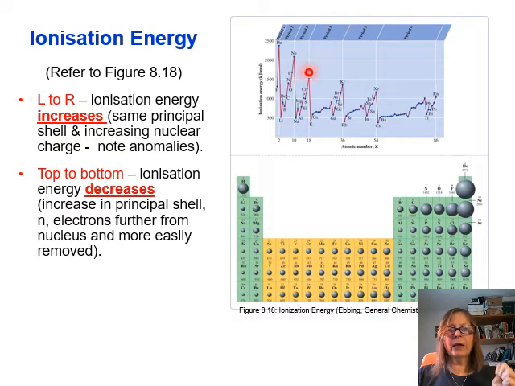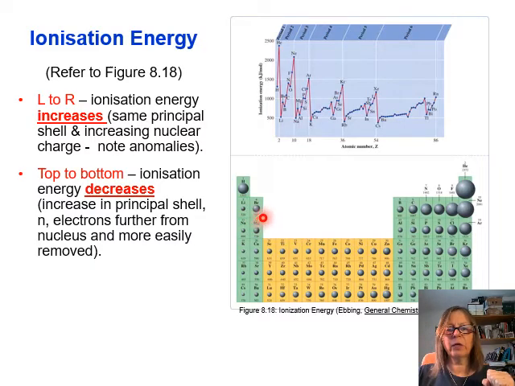In general, ionization energy increases from left to right in the periodic table. As we are talking about the same principal shell, since the nuclear charge increases, electrons become held more tightly. Note that there are anomalies. Every time we change from s to p, it is easier to remove the single electron in a p orbital than it is to remove an electron from the full s orbital in the previous element.